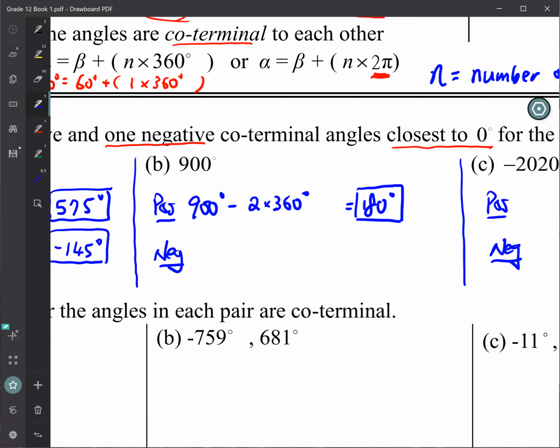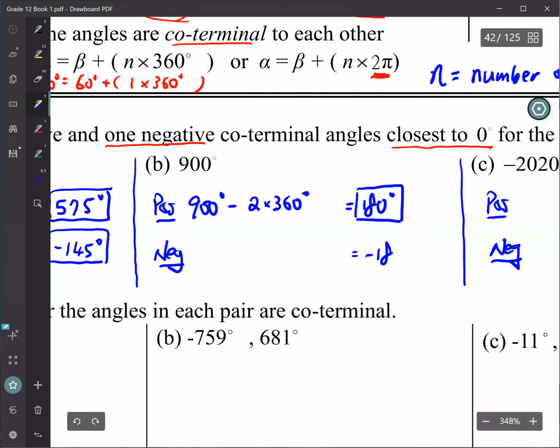Okay, Donna, what's your answer for negative? Donna, are you there? Oh, she's got cut off. How about Samantha? What do you have for negative? Negative 180.